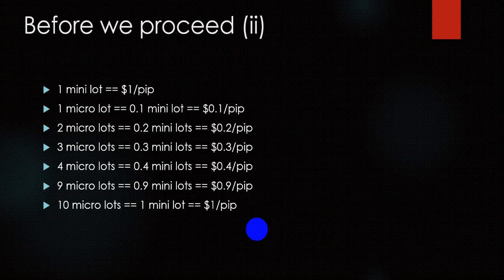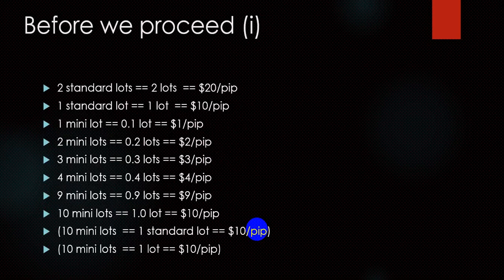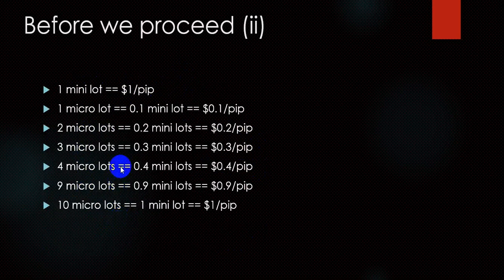So let's look at the money implication of the micro lots, because we've seen the money implication of the mini lots and the standard lots in this chart. Standard lots here, mini lots down here. So let's see the money implication of trading micro lots.